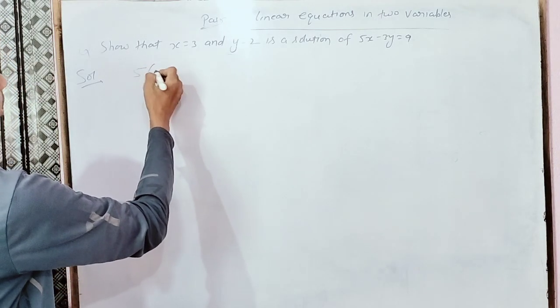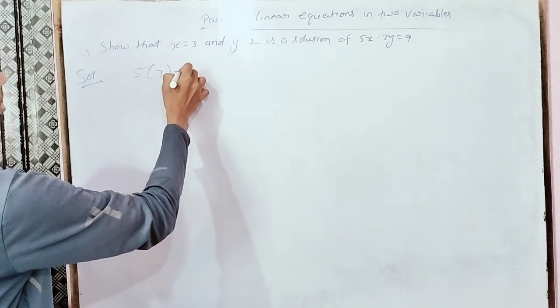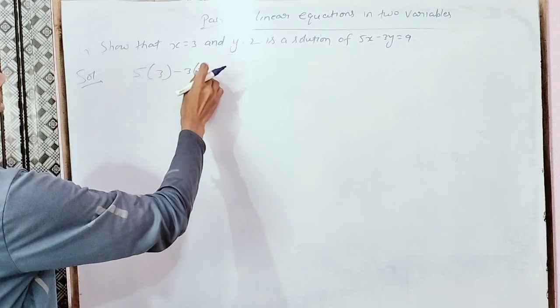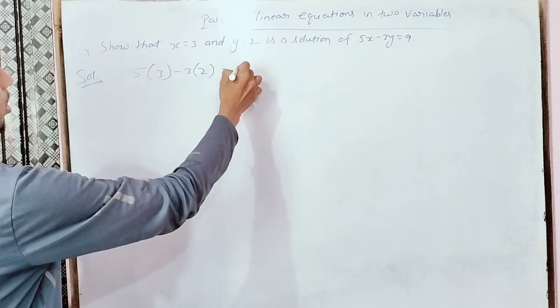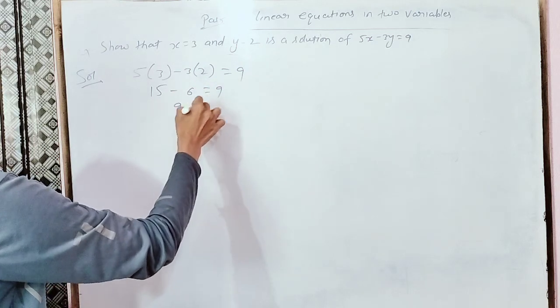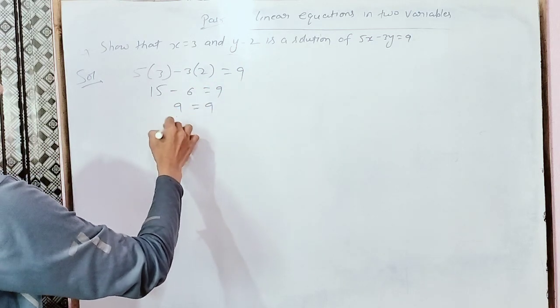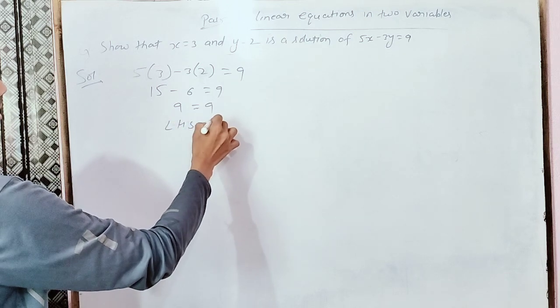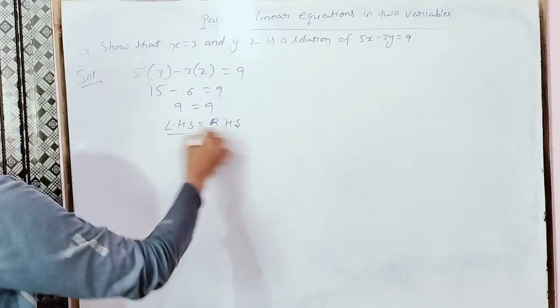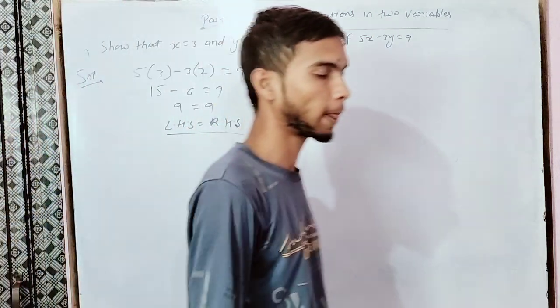So 5 times 3, minus 3 times 2. So 15 minus 6 is 9. So yes, LHS and RHS are equal to each other.